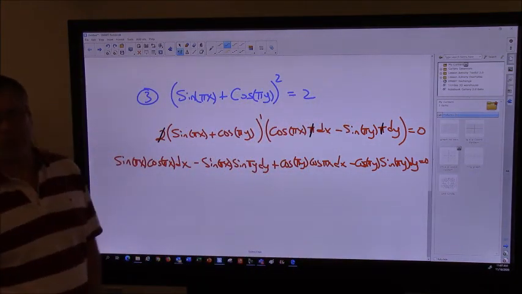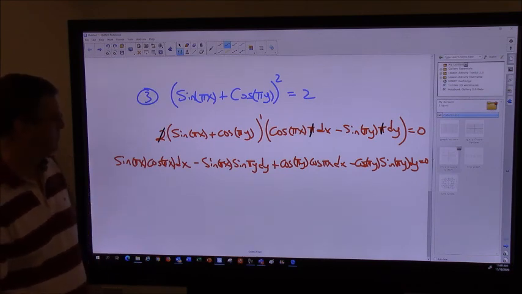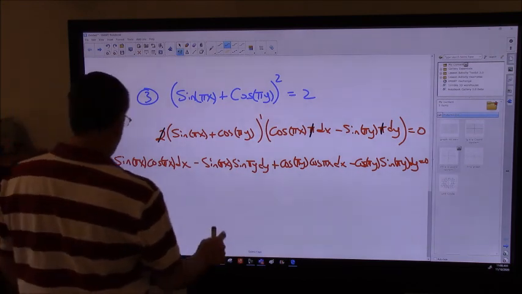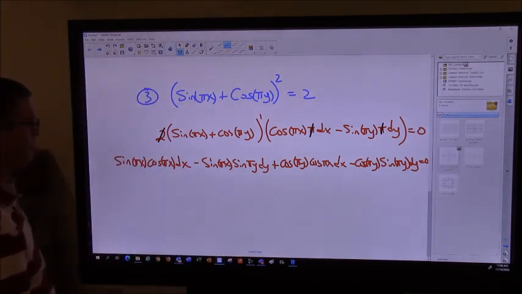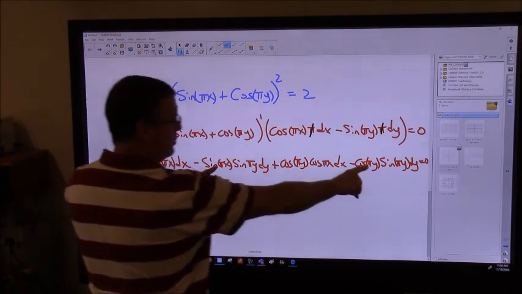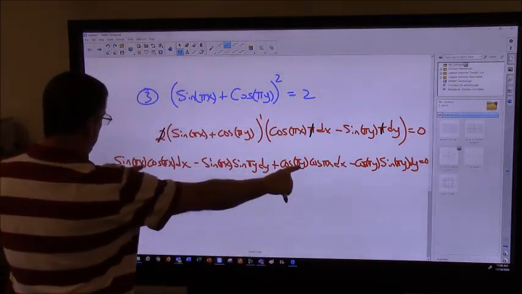So now I need to get my dy stuff on one side, dx stuff on the other. The dy terms are negative, so I'm going to move those to the other side. I'll leave these two on this side.